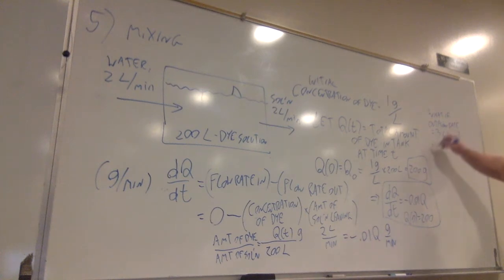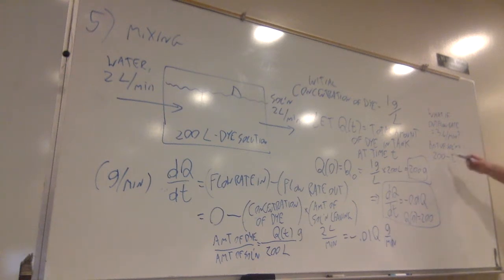So the amount of solution is 200 at the start, but every minute, and t is in minutes, we're going to have 1 liter less.